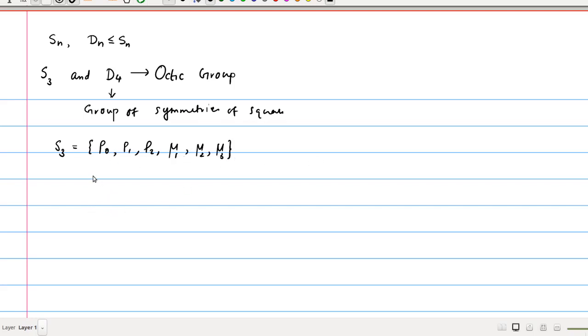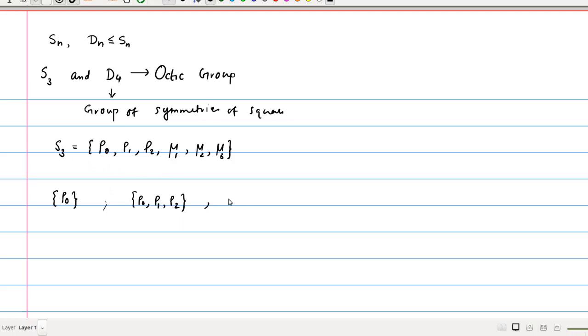If you observe the group table that we discussed in the last class, we can get some subgroups of S3. Obviously the trivial subgroup is there, consisting of the identity element. And if we collect rho naught, rho 1, rho 2, those are the rotations.